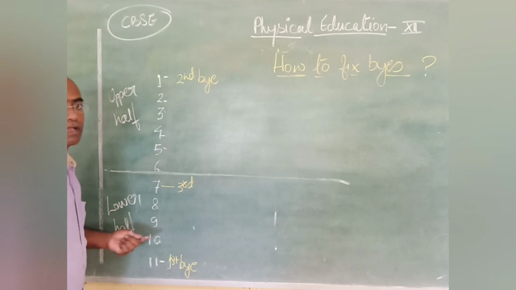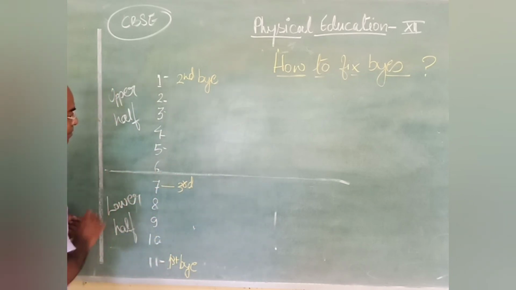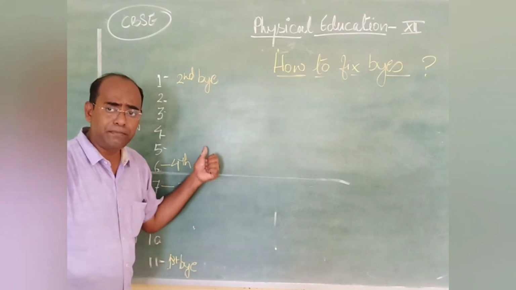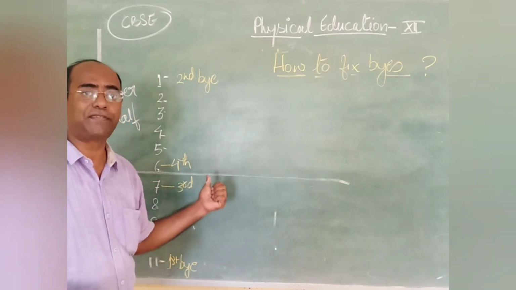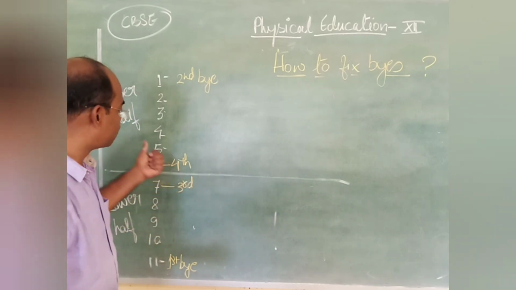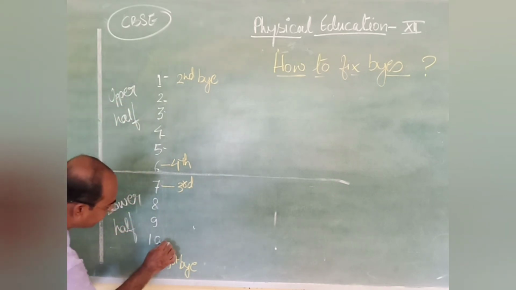This is third bye. Fourth bye we are giving to last team of upper half. And the same sequence will follow if the number of byes are more. So here we have got 5 byes. So fifth bye will go to number 10 team, second last.